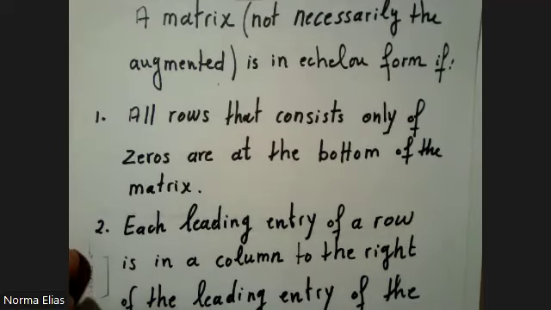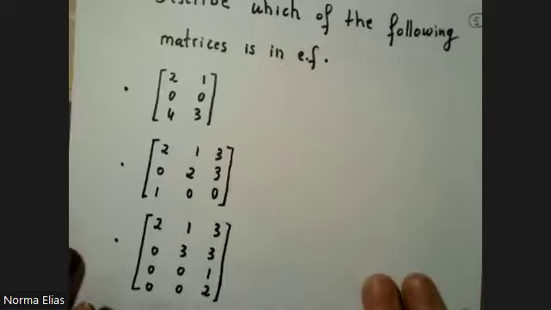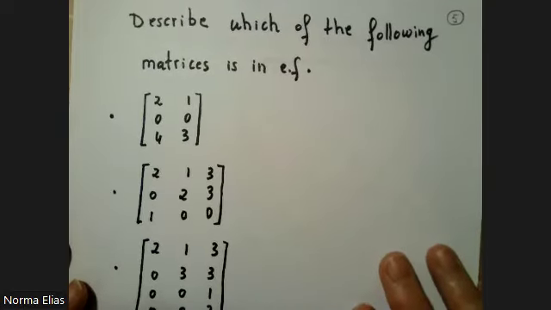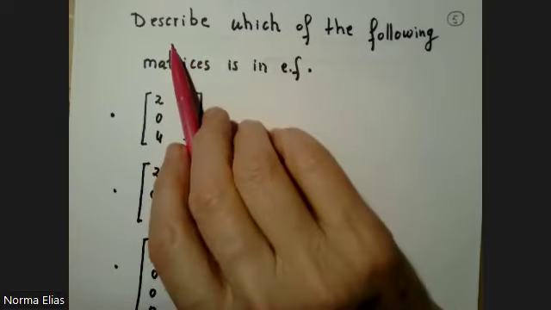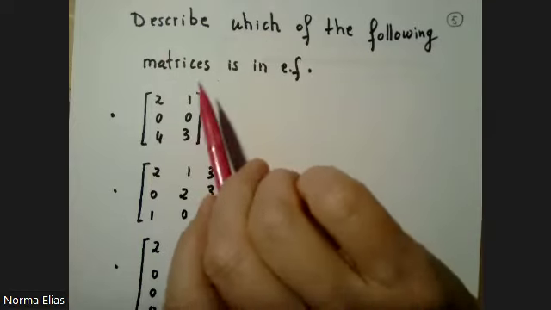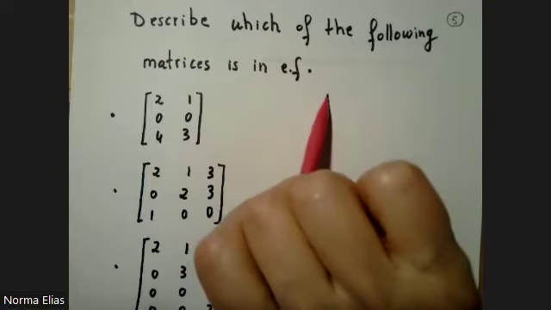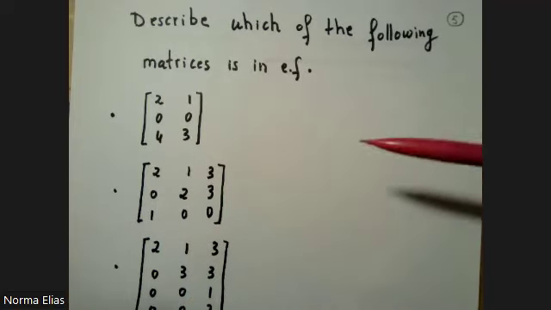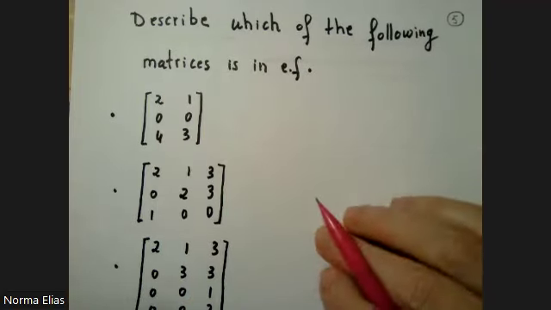I'm done. Thank you. Okay, so let us understand this definition. This is the question here: describe which of the following matrices is in echelon form. And if you have conditions 1, 2, 3 in front of you, tell me which condition is not satisfied.